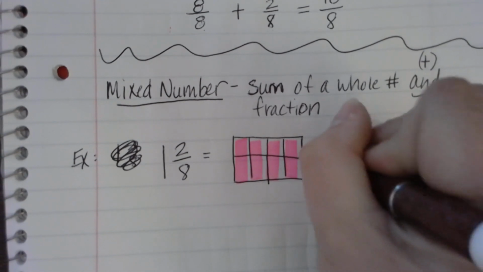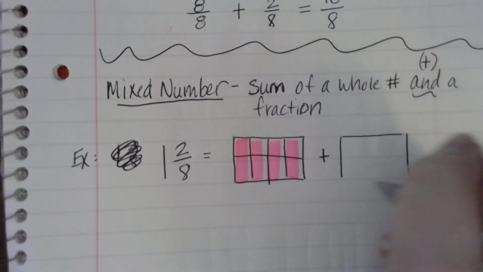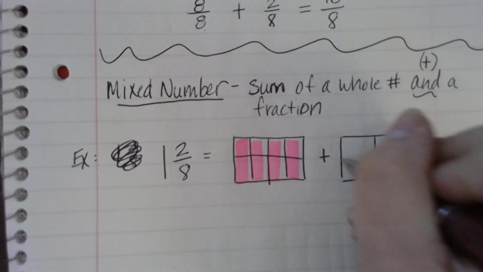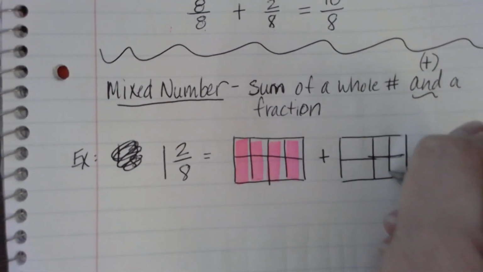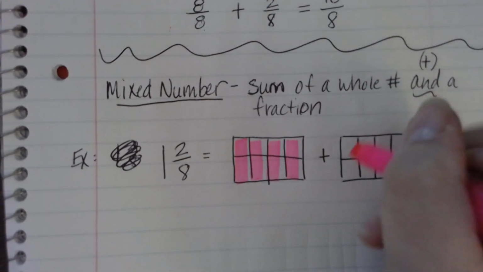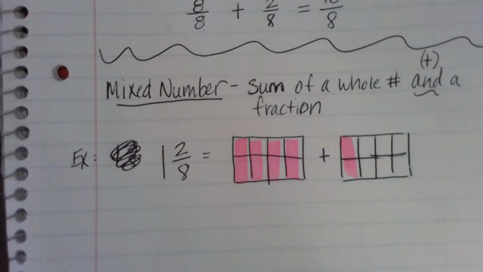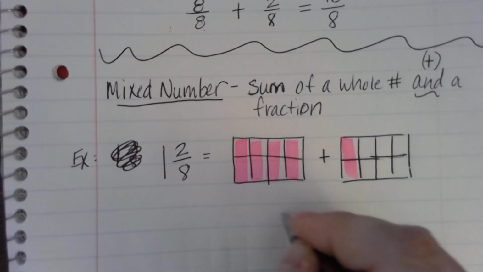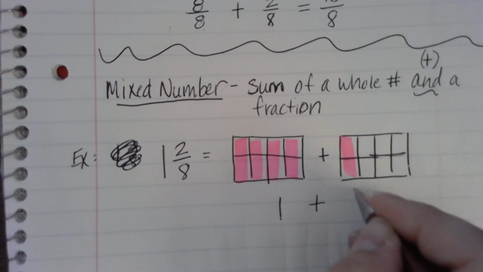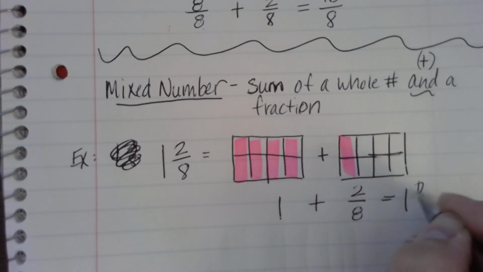Then I have 2 eighths, so let me draw that as well. Come on, ink, don't fail me now. If I have 2 eighths, I will shade in 2 pieces. I'm going to label this again. I've got 1 plus 2 eighths, that equals 1 and 2 eighths. Catch up with me there.